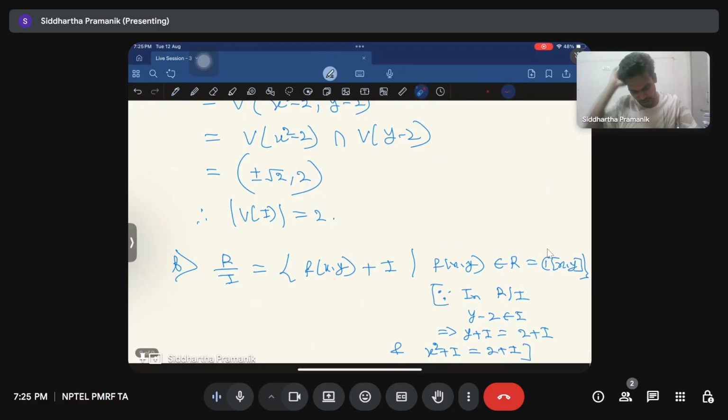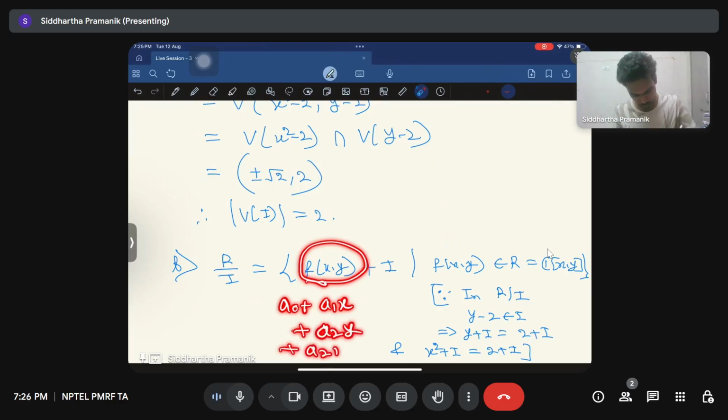So if we write a general form of this element, only the constant term a0 and the a1x term will survive, and all other things like a2y plus a2xy, sorry, these things will be absorbed in I, because y can be replaced by these two, so this a2y will be merged into this constant term.